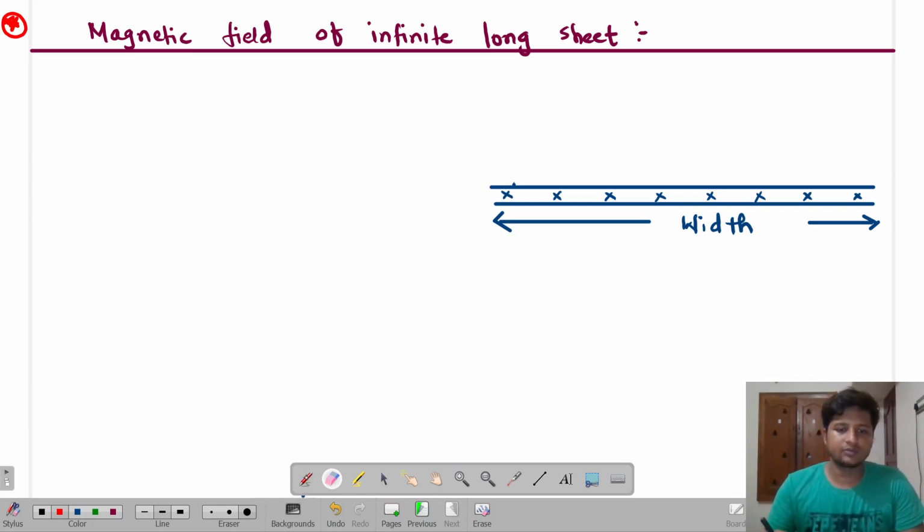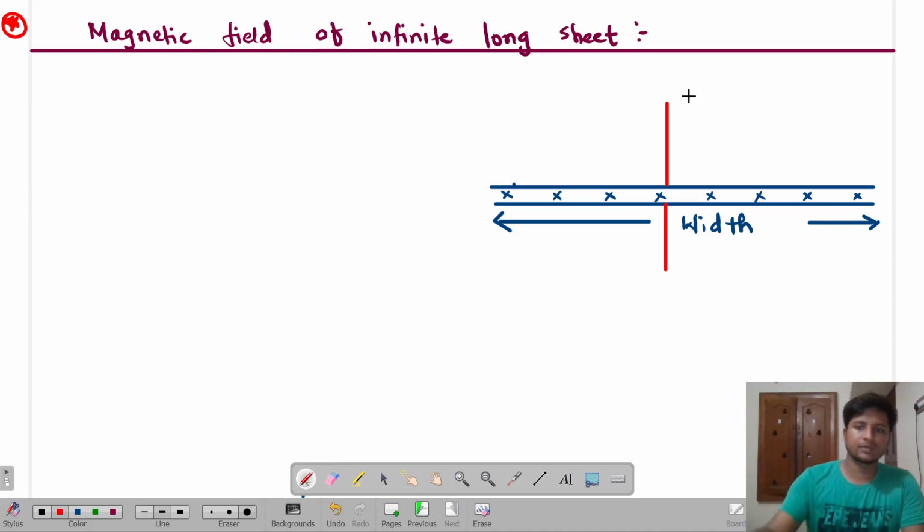If I select any point perpendicular to the width, I'll find that some magnetic field exists there, independent of distance from the sheet. Here the magnetic field will exist in this direction, while on the other side it will exist in the opposite direction.